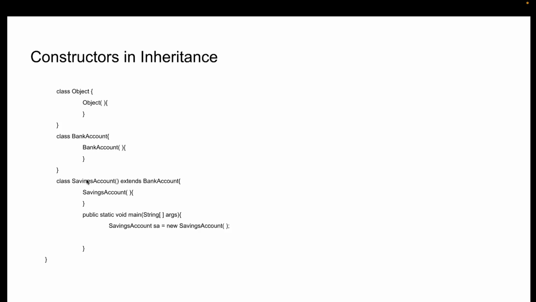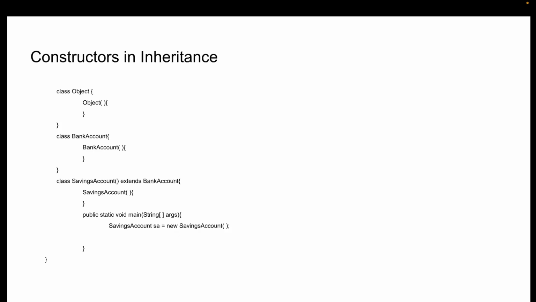Now there's another thing, we have created a savings bank account, which extends the bank account class. So this savings bank account class is a child class of the bank account class, and it also has a default constructor. Now we go ahead and create an object of the child class.